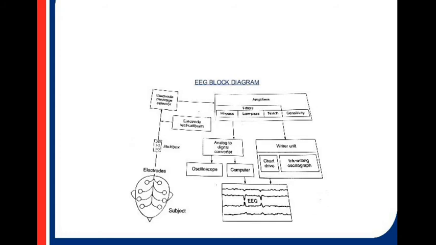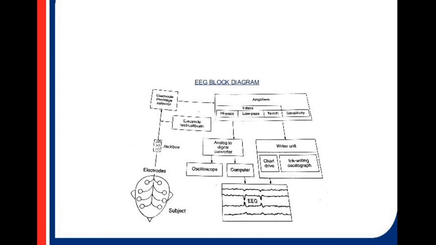Whatever signal we are acquiring, we need to amplify to a particular readable signal. Then a very important part is the filter. Three types of filters are used in the EEG system: high pass, low pass and notch filter. The function of these filters is to remove unwanted signal, unwanted noise, or we can say to remove the artifact. Then this is the printing unit.